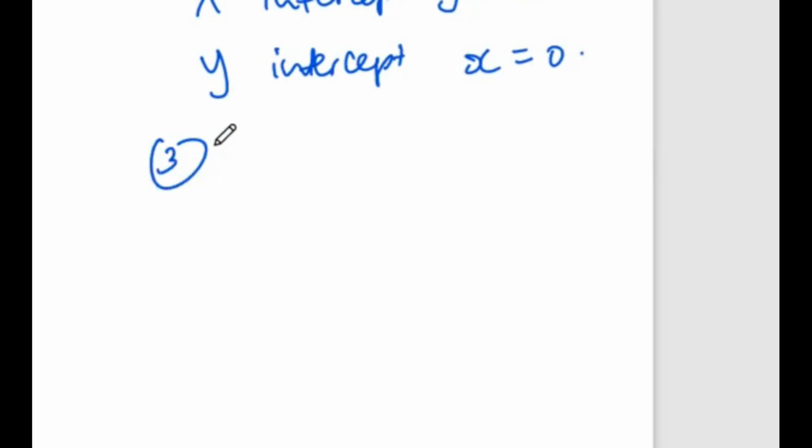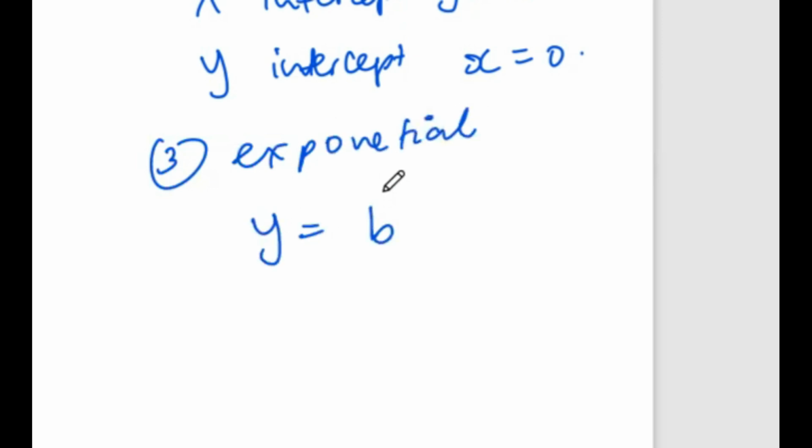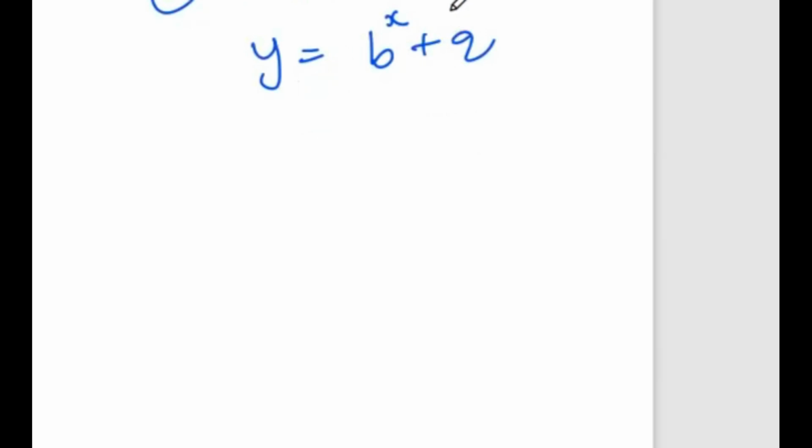Then number 3, we have what we call the exponential graph. So exponential is usually in the form of y is equal to b to the x. We can put a q on the end sometimes. Okay, so q represents what we call the asymptote. Asymptote is a line that the graph cannot cut.